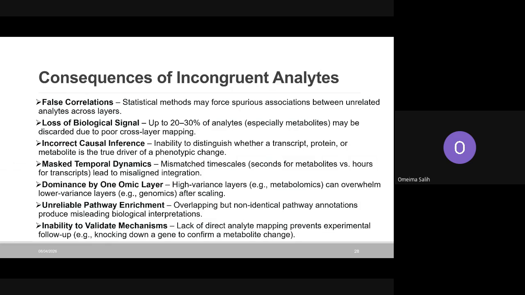There is dominance by one omic layer, unreliable pathway enrichment, inability to validate mechanisms, and lack of direct analyte mapping that prevents experimental follow-up. So these are the main challenges.